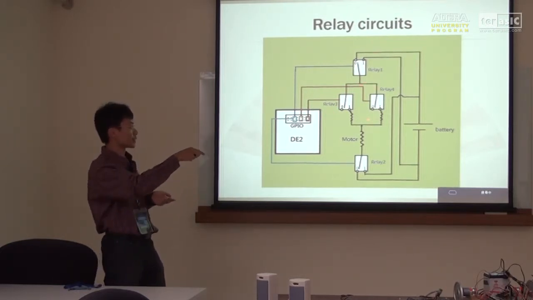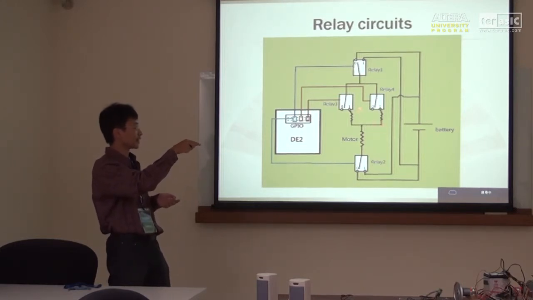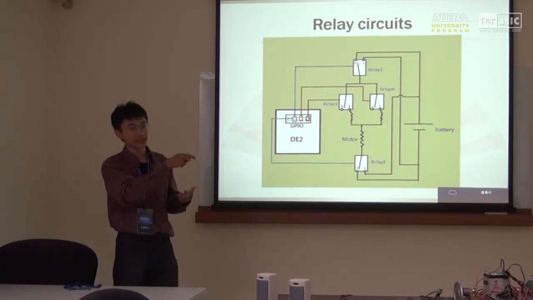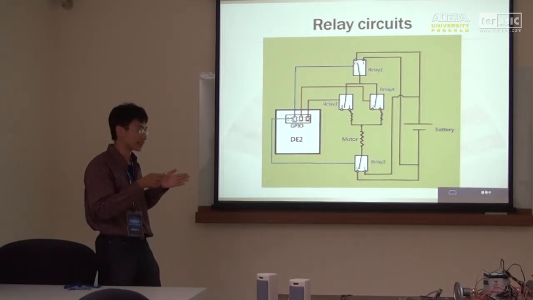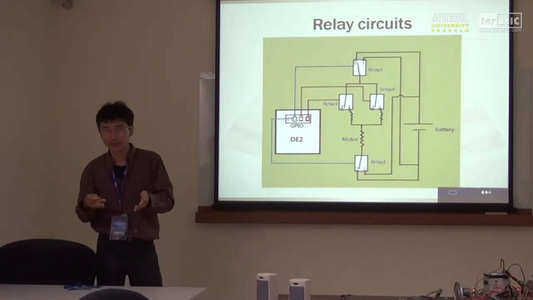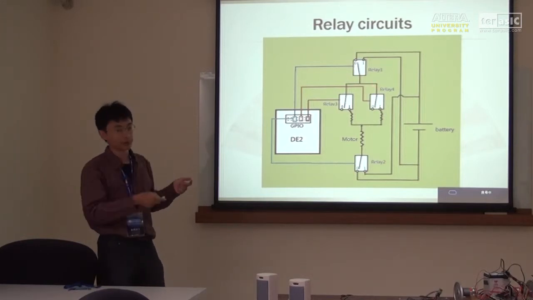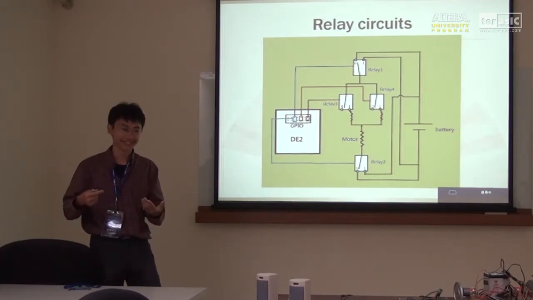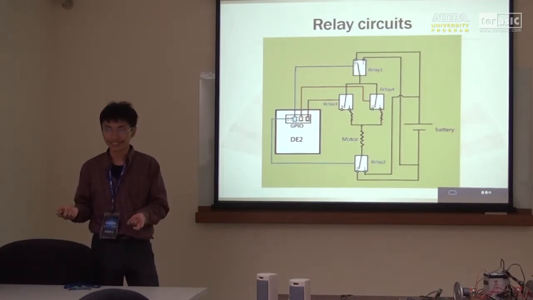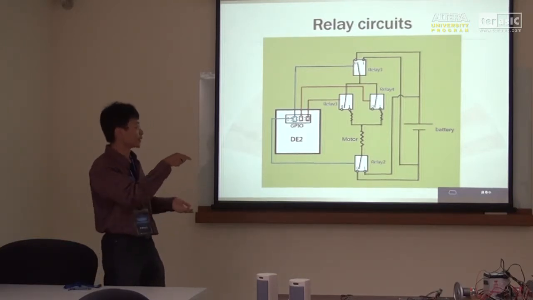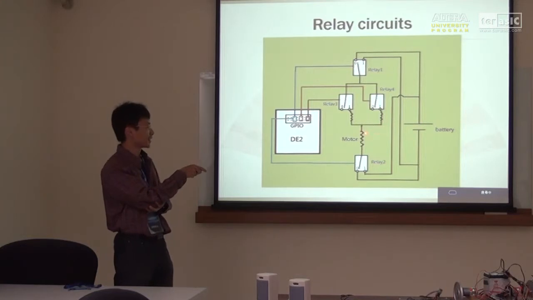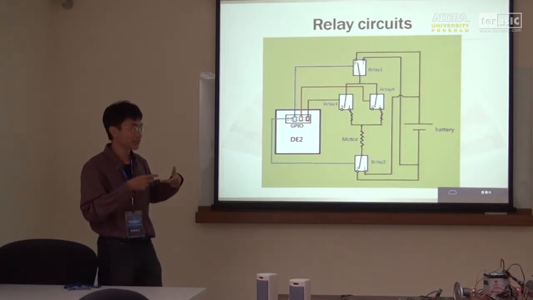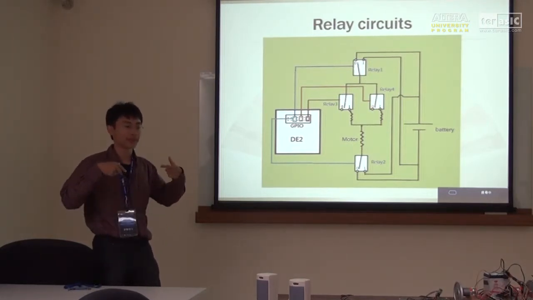The current will go through only one side. From the basic circuit principle, two resistors connected in parallel give a smaller resistance, and if you only connect one, it is a larger resistance. Any questions so far? So from relay 3 and relay 4, we have different current going through the motor, and we'll have different speeds.